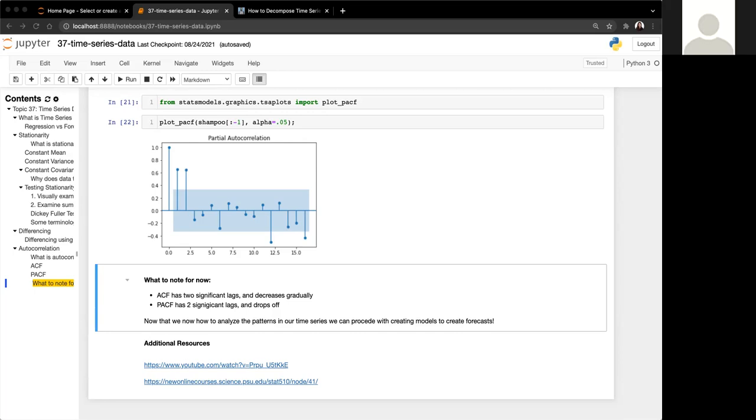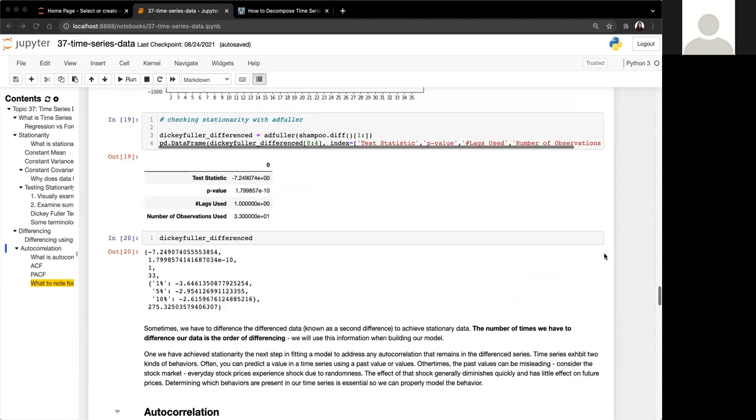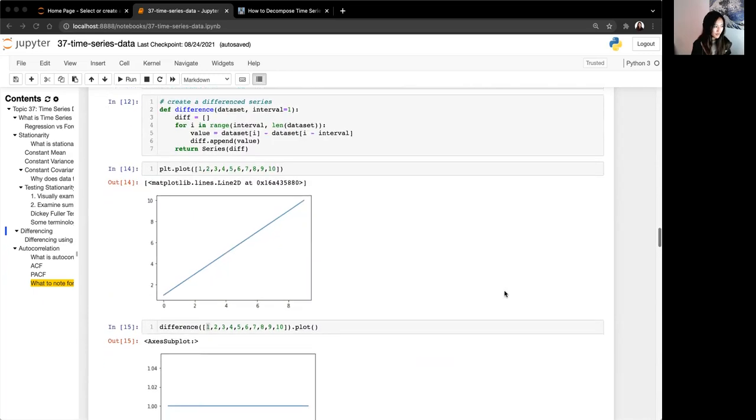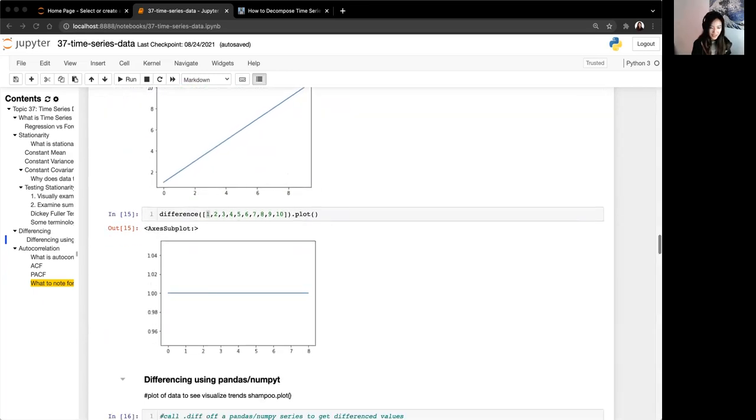And for differencing, maybe I'm reading it wrong, but what are we altering when we're doing the differencing? Differencing is mainly for detrending. So it turned our data from this to a flatline. We don't want that overall trend in our data.